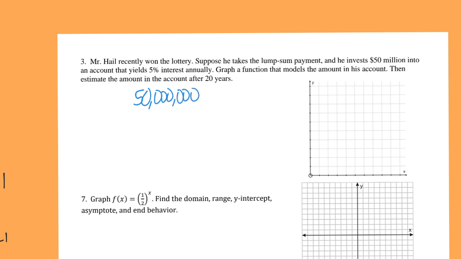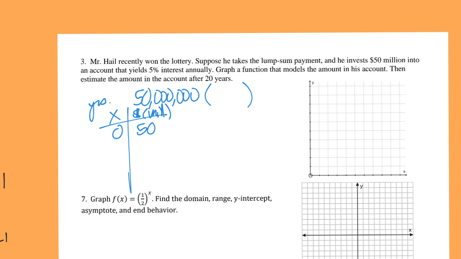And so then what we're going to say is, let's just say at time 0, he has 50, and that's in dollars in millions. And this would be x, and x is the years. So it's going to increase by 5%.